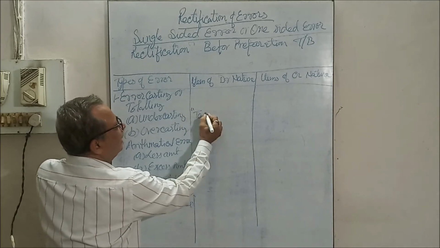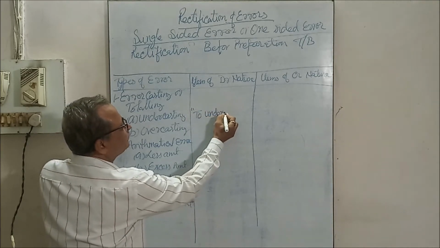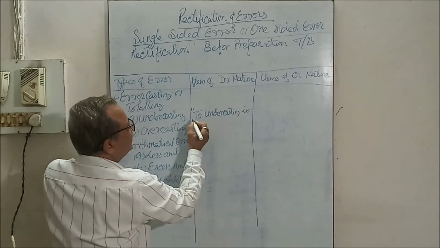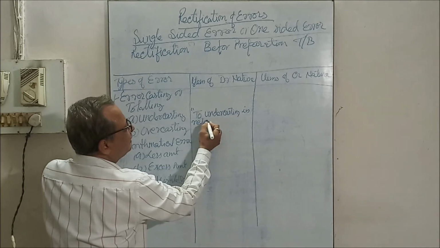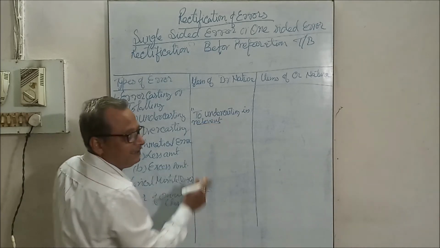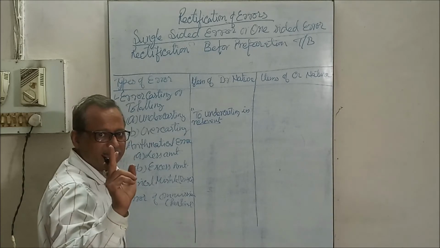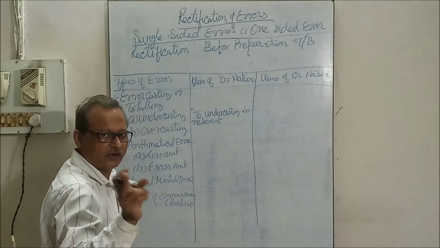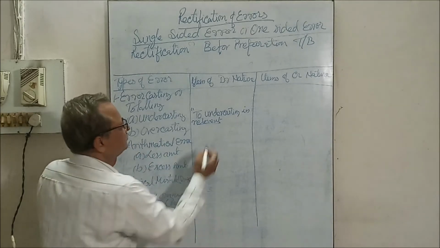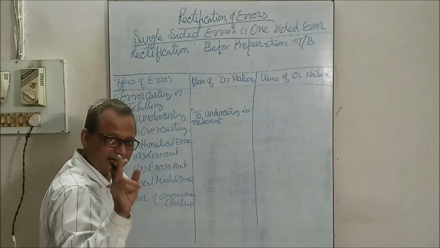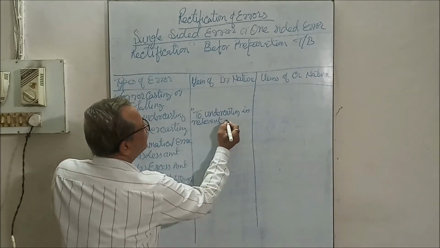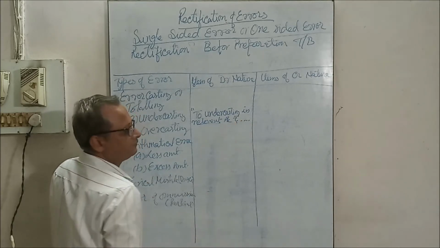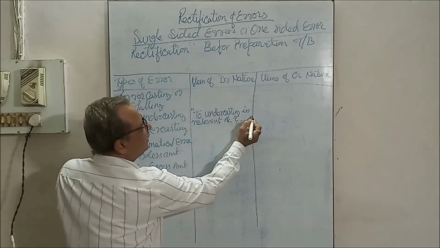To undercasting in relevant account. Relevant here means the name of the item, either purchase account, sales return account, expenses account or debtors account, whatever. Write this rupees amount and close this element.